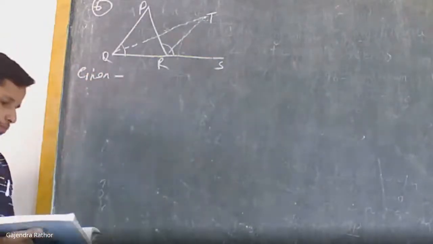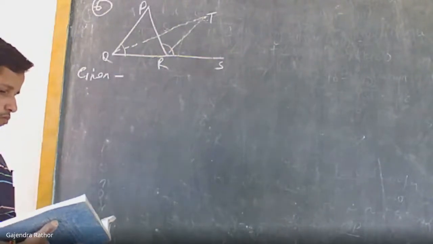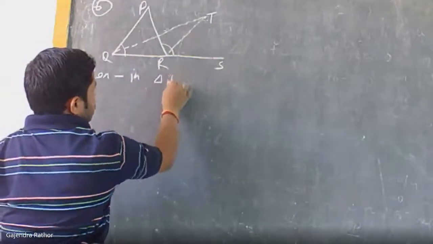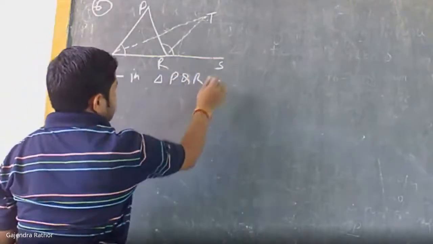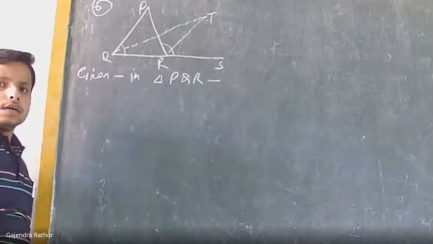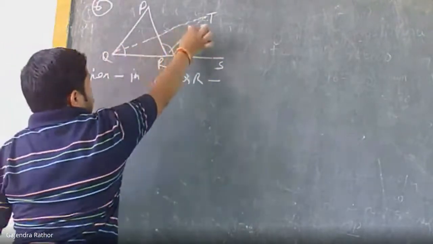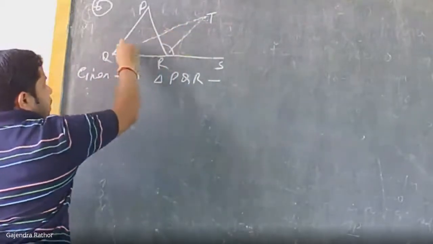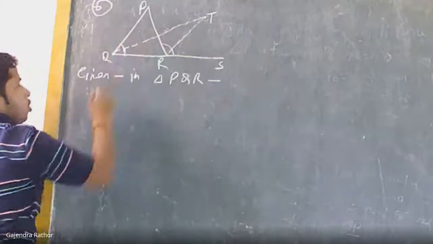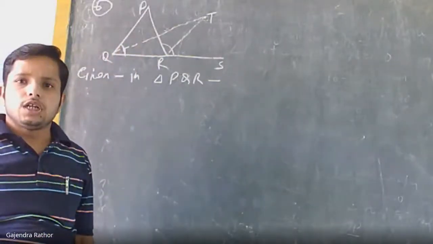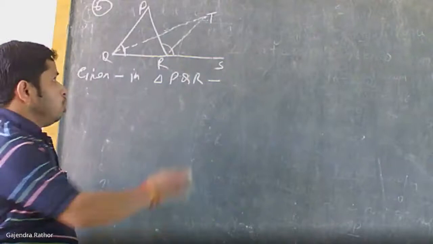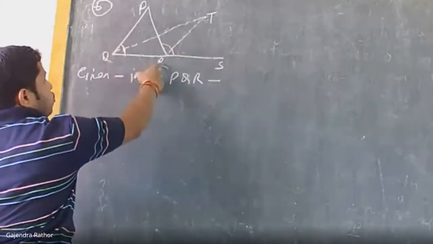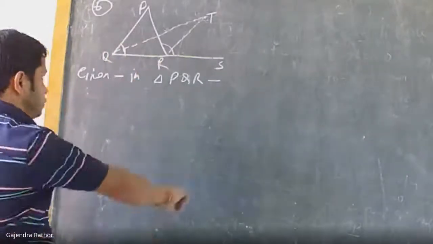First, what is given? In triangle PQR, QT is the bisector of angle PQR, that is, the line which divides the angle into two equal parts.